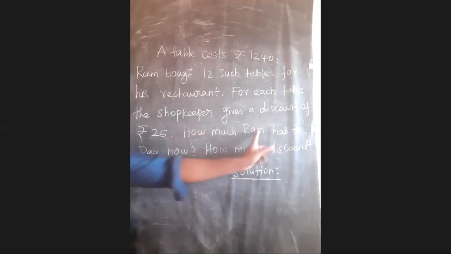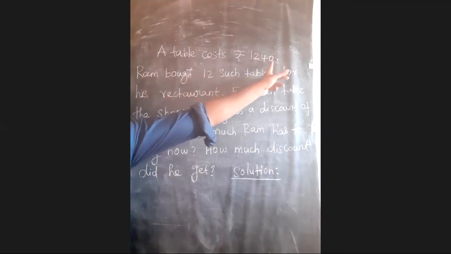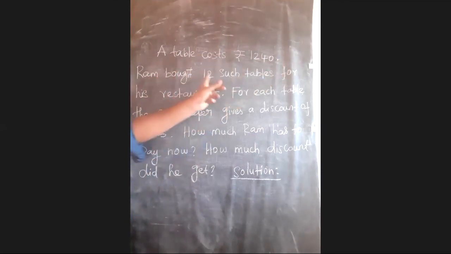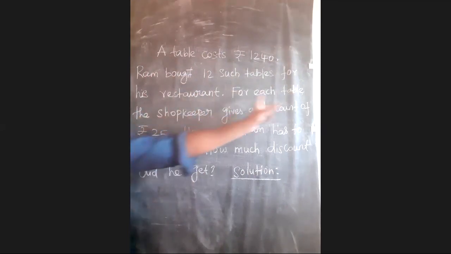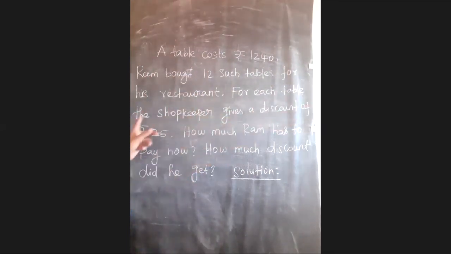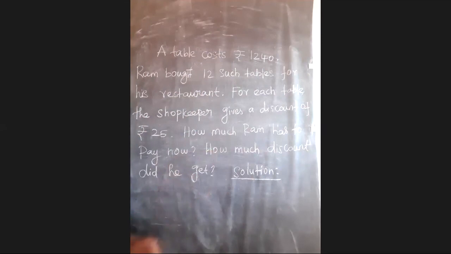How much does Ram have to pay now? A table costs rupees 1,240. Ram bought 12 such tables for his restaurant. For each table, the shopkeeper gives a discount of rupees 25. Very simple.